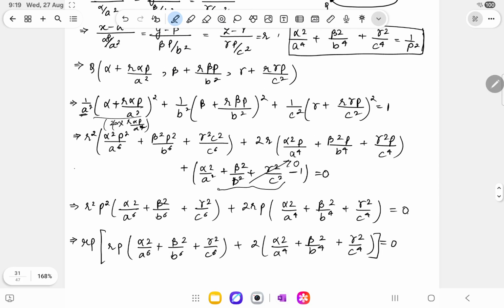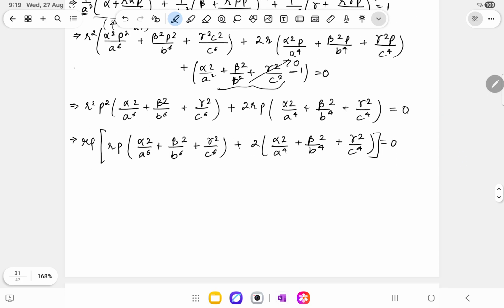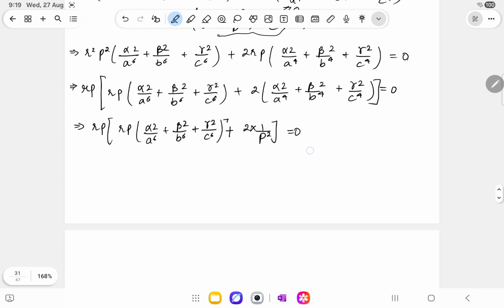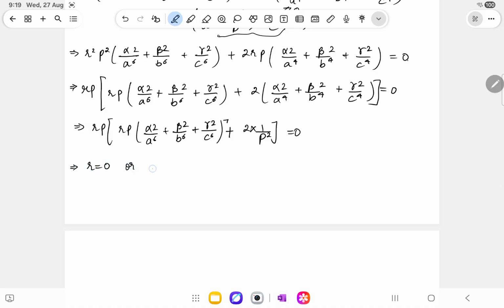If you recall, this term is equal to 1 by p square, so from here I'll get rp into alpha square by a raised 6 plus beta square by b raised 6 plus gamma square by c raised 6 plus 2 into 1 by p square is equal to 0. If I solve it for r, I'll get either r is equal to 0 or r is minus 2 upon p cube into alpha square by a raised 6 plus beta square by b raised 6 plus gamma square by c raised 6.